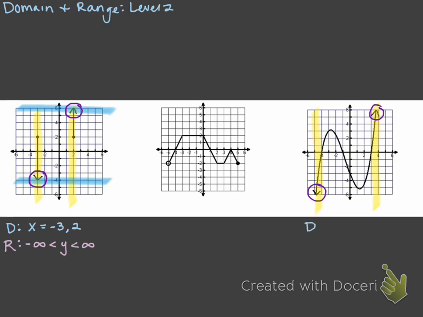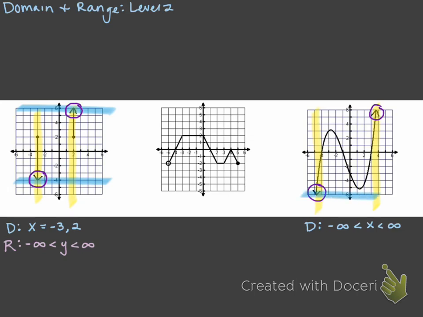So our domain for this graph, since our arrow always continues to the left in the more negative direction, we will have -infinity is less than x, since domain is all the x values, is less than +infinity, because our graph will continue always in the positive direction over the x values due to that arrow.